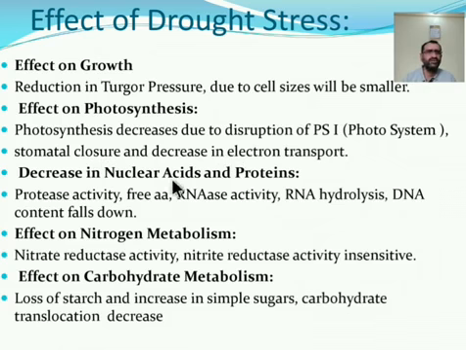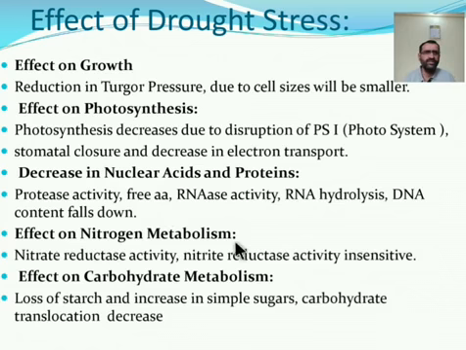Nucleic acids and proteins decrease, with changes in protease activity, free amino acids, RNase activity and RNA hydrolysis, and DNA content falls. These are the different effects of drought stress.